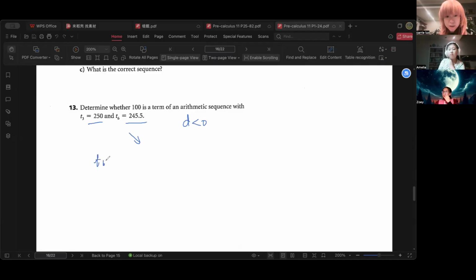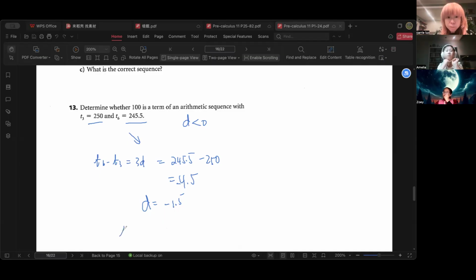T6 minus T3 equals 3D equals 245.5 minus 250 equals negative 4.5, correct? So D equals negative 1.5, correct?